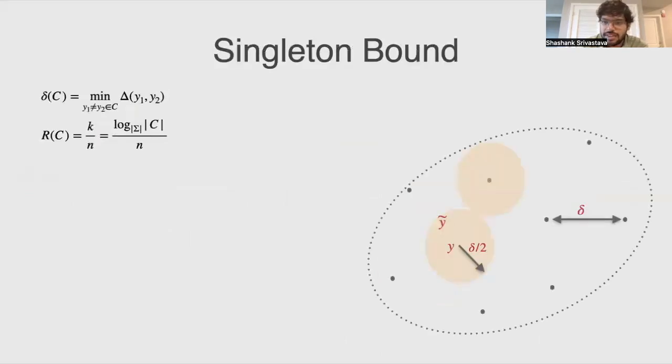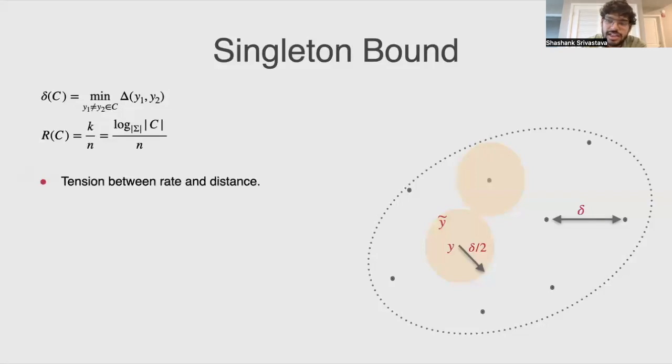Given this intuitive picture, one thing that is clear is that we want the distance to be as large as possible because that enhances our error correction capability. On the other hand, the fewer the number of code words that we have, the more redundant the code is, the more cost we pay for the error correction ability that we get.